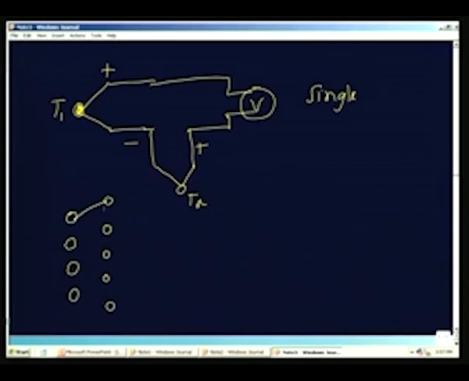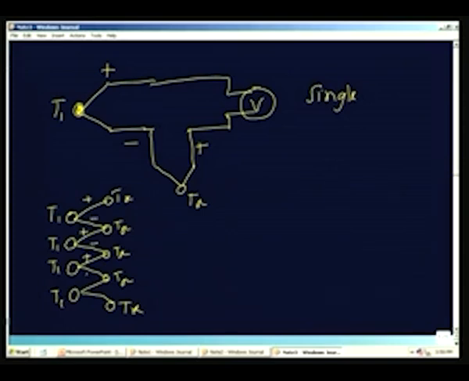So, I am going to connect like this. So, these are all at T1, and let us assume that these are at TR. So, I am going to have a plus wire here, minus wire here, a plus wire here, minus wire here, and so on. And of course, I am going to take the connection from here and I will connect it to a voltmeter.